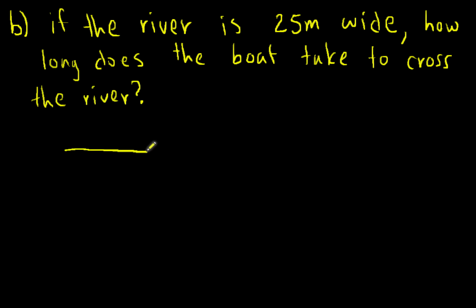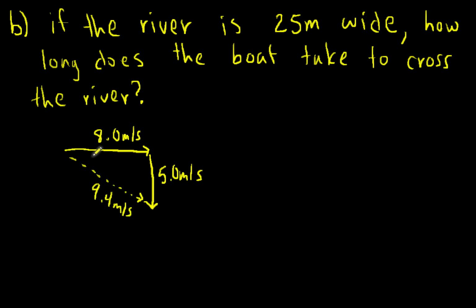The velocity triangle we established in the first part of the problem was 8 meters per second to the east, with 5 meters per second to the south, resulting in 9.4 meters per second at an angle of 32 degrees. This is the velocity vector triangle.